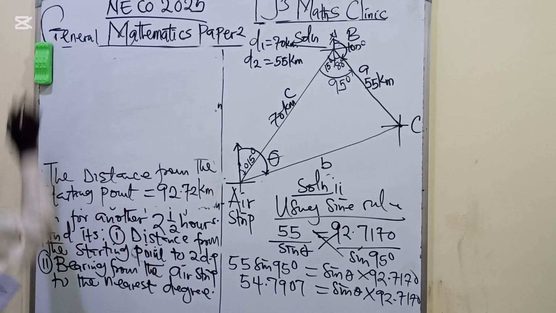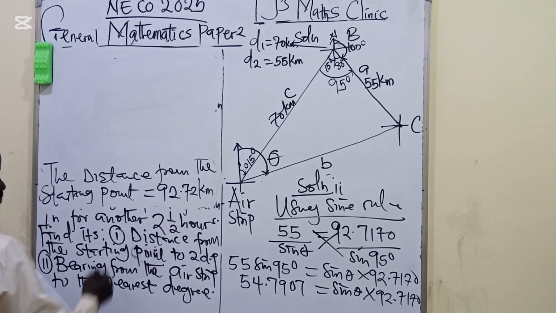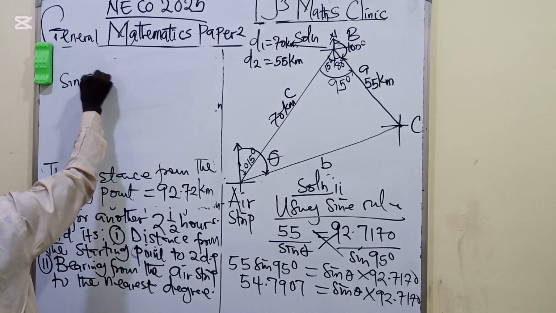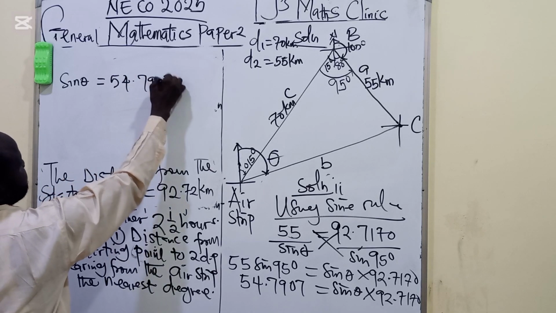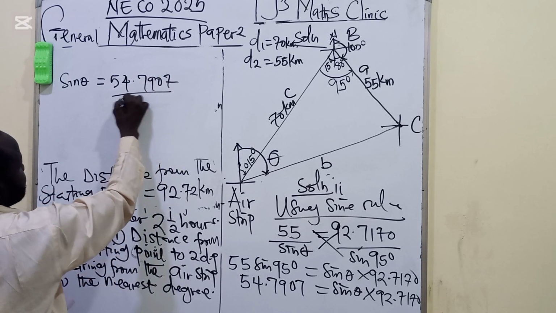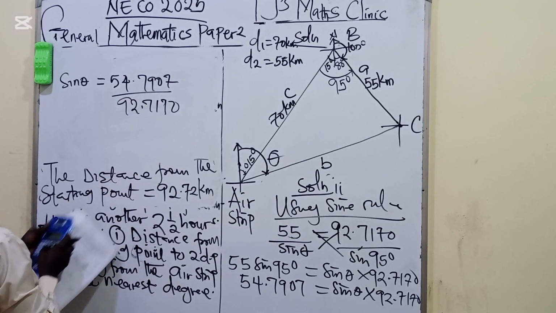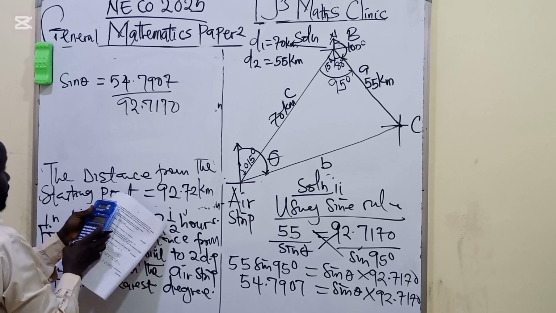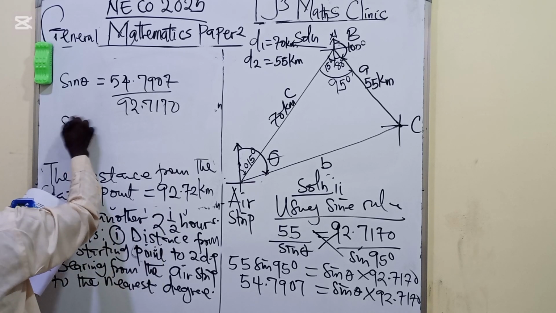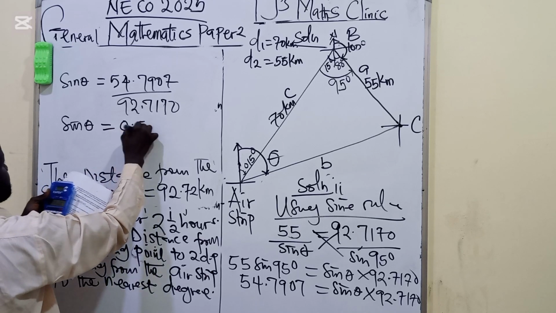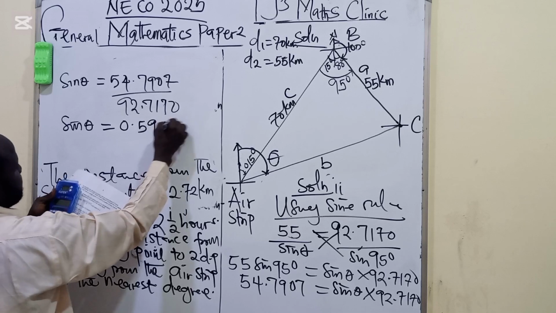Let's take it up here. Our aim is to find theta. So let's divide both sides by 92.7170. So sine theta now will be 54.7907 divided by 92.7170. What do we have? So sine theta will be 0.5909.